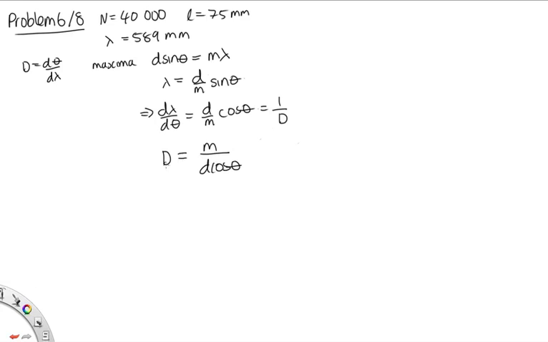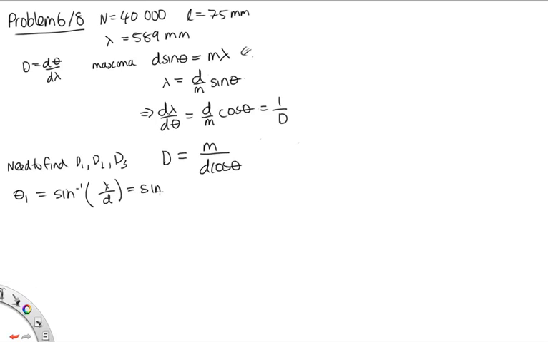So we need to find the dispersion for the first order, second order, and third order. So need to find D1, D2, and D3. So we'll just need to change the m's, but our thetas are also going to change. So the first step is going to be finding the thetas. So theta 1, now this is just solving this equation here with m is equal to 1. So theta 1 will be the inverse sine of lambda over d.